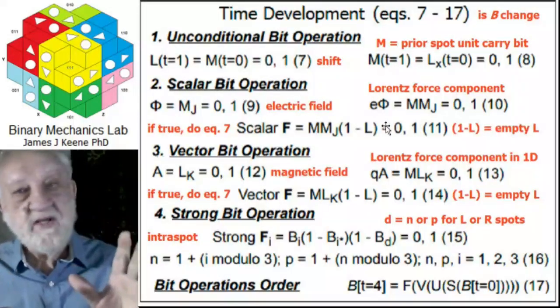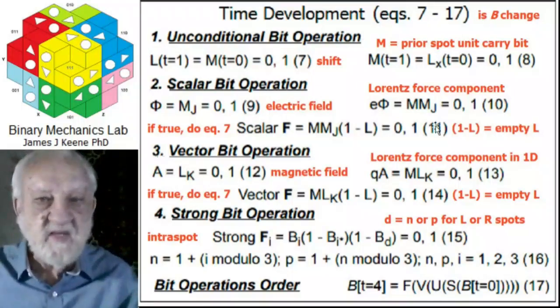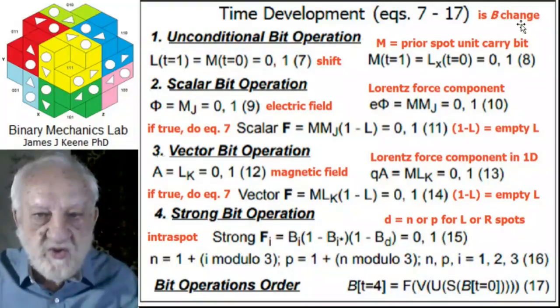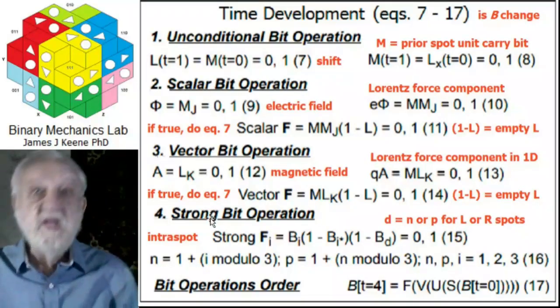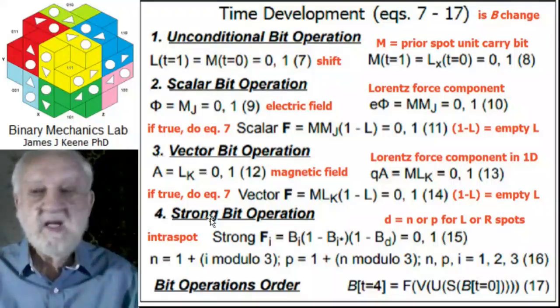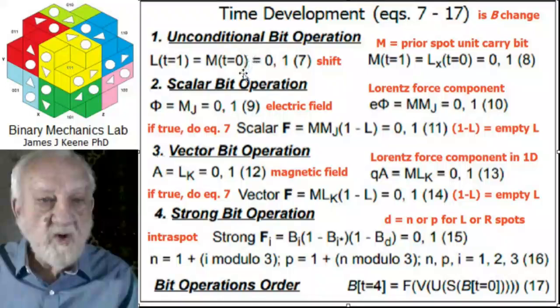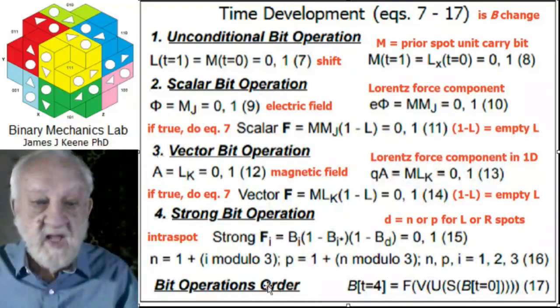I said all we needed was the system state. We did it. Now let's do the time development, which is the bit function change over time. We have 4-bit operations, which are analogical to the operators in 20th century outdated quantum mechanics. 4-bit operations defined, and that's all we need to make our universe, along with applying these operations in a particular order.